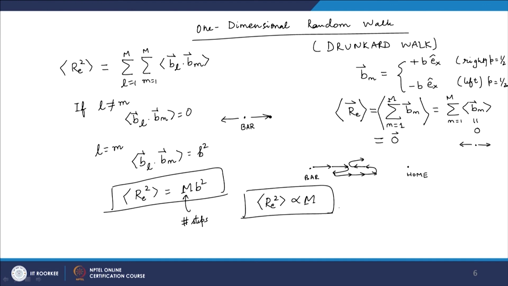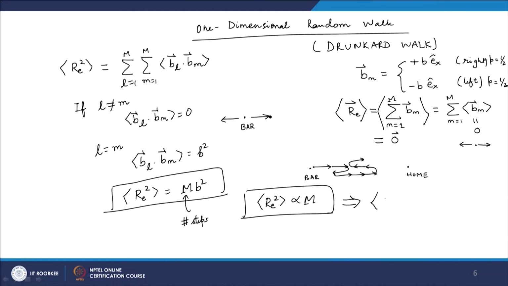Now this has nothing to do with the polymer chain, but now if I somehow associate each of the drunkard steps with a certain number of carbons, for example, again we can see that we have the relation RE square proportional to the number of repeat units.